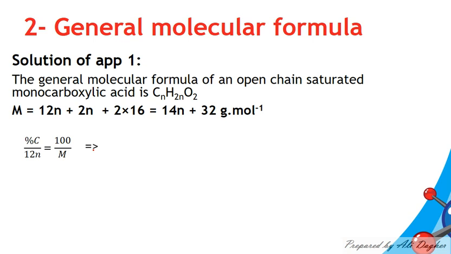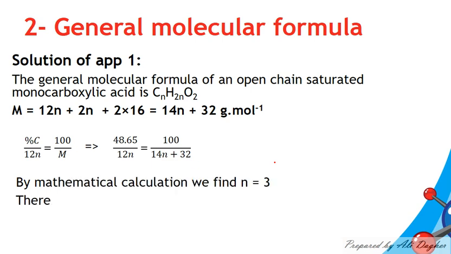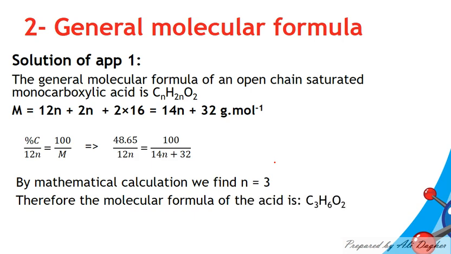Molar mass equals 14n plus 32. We replace it by 14n plus 32 and the percentage by mass of carbon by its value. By mathematical calculation, cross multiplication, we can deduce n, which is equal to 3. Therefore, the molecular formula of this acid is C3H2 times 3, 6, O2.